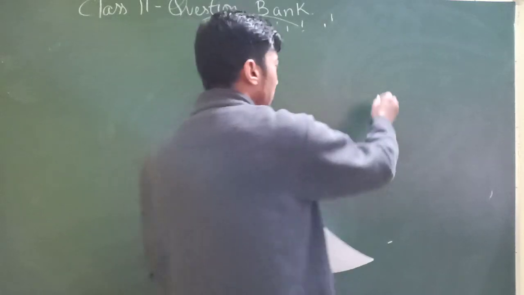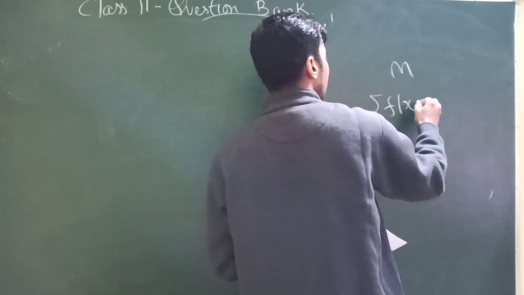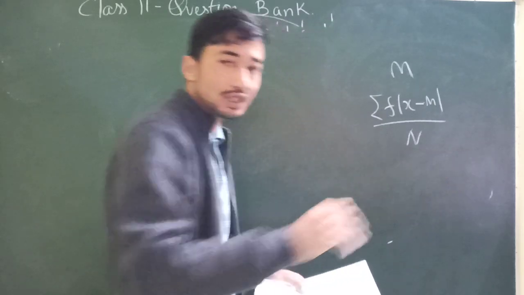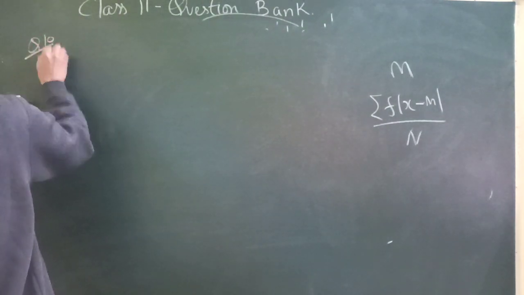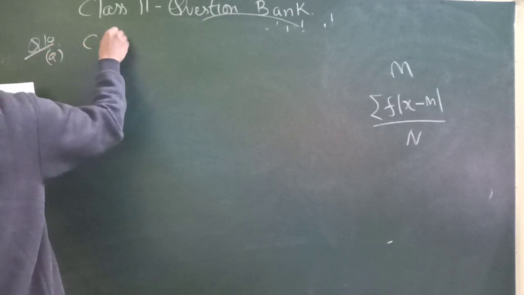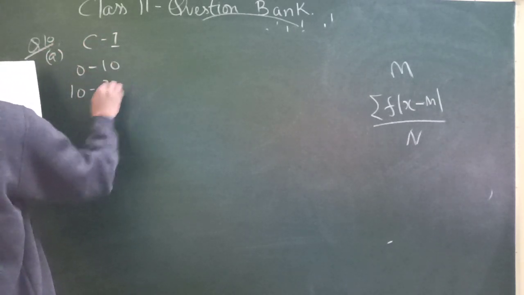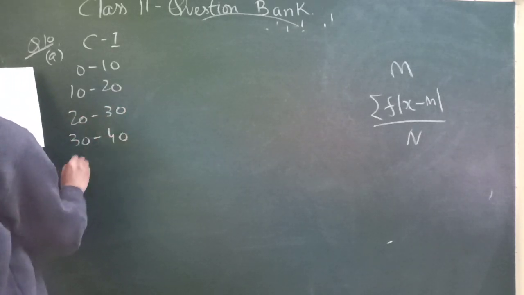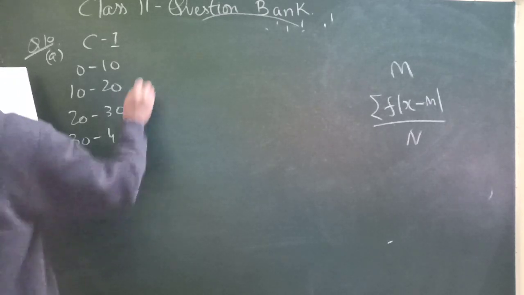The formula will be the same. We're supposed to find the median, and the mean deviation formula doesn't change much except for the median. So this is much easier. Let's quickly do this, question number 10a. Let's get the table done. The class intervals are 0 to 10, 10 to 20, 20 to 30, 30 to 40, 40 to 50, 50 to 60.